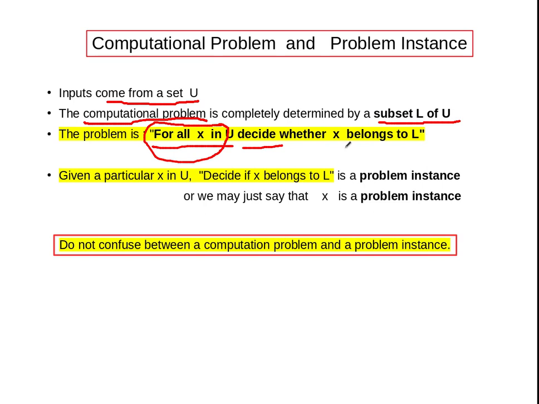If you are asking this for a particular X in U, whether this X belongs to L, then that will be a problem instance. And as I said, we can just say that X is a problem instance, so both are interchangeable.